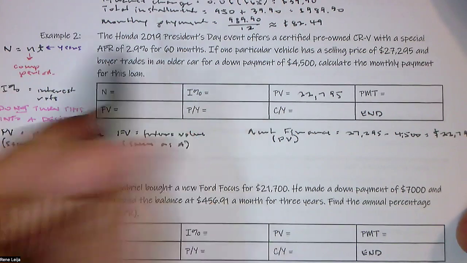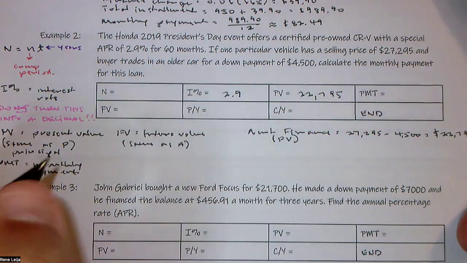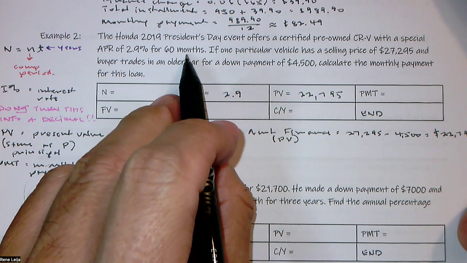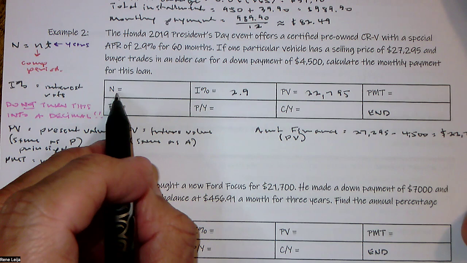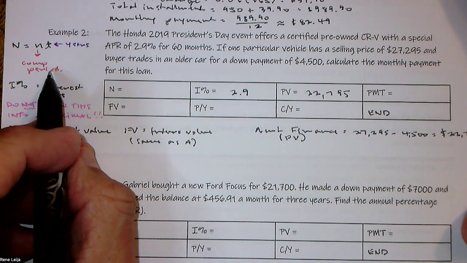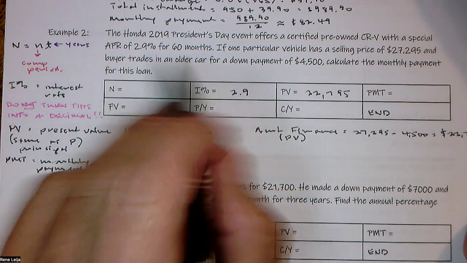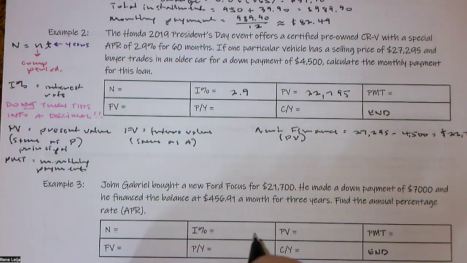Now it says I have an APR, annual percentage rate, of 2.9%. This is my I, so it's just 2.9, for 60 months. Now they were nice and they told me the value of big N, because remember your compounding period, big N is made up of little n times t. Well, 60 months, if I divide 60 by 12, that's 5 years.